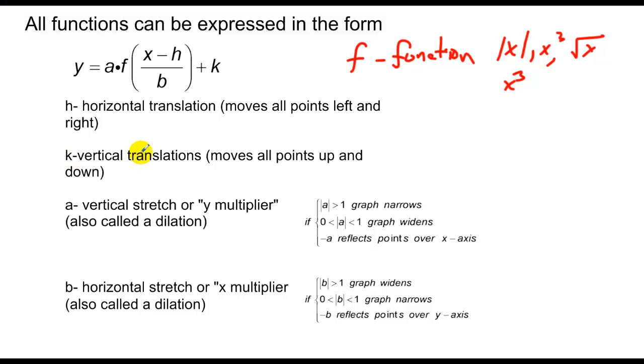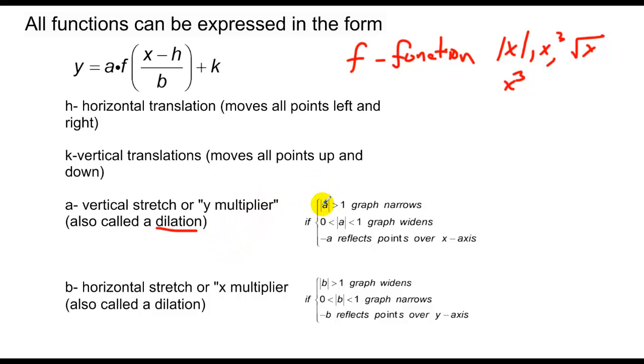K deals with vertical translations, moving the graph up and down, and just like in the absolute value, k is after a plus sign and it's outside of the function. Notice this is within the function, this is outside the function. A vertical stretch, we talked about this, or a y multiplier, is also called dilation, and that makes the graph either taller or shorter, depending on its value.